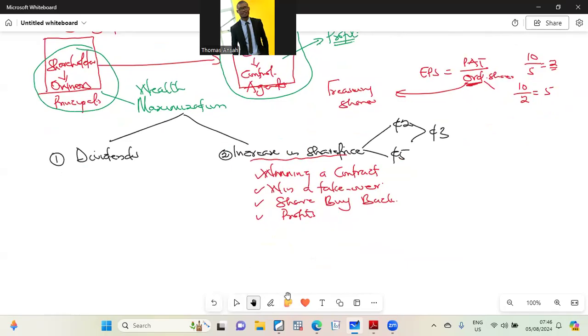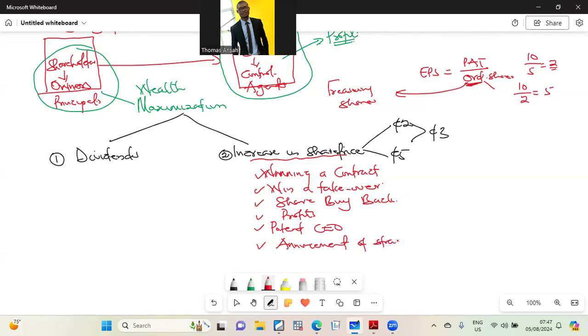So that is that. And let me even say that sometimes if they get a potent CEO, everybody knows that he's coming to do things well and the profitability will go up. Or the announcement of an attractive strategy. Anytime you hear that there is an announcement of a good strategy, your value will go up.